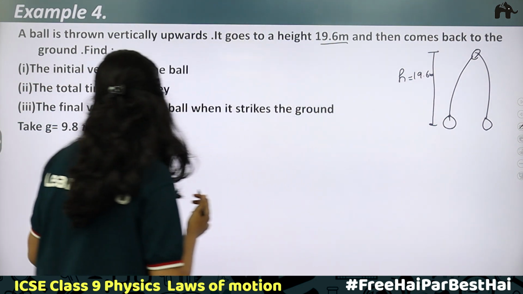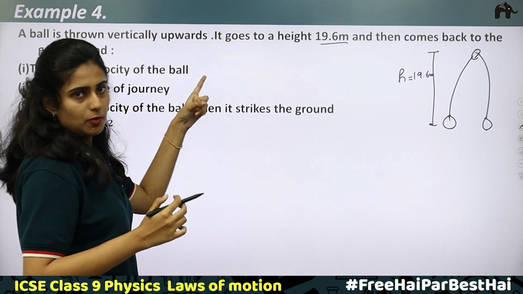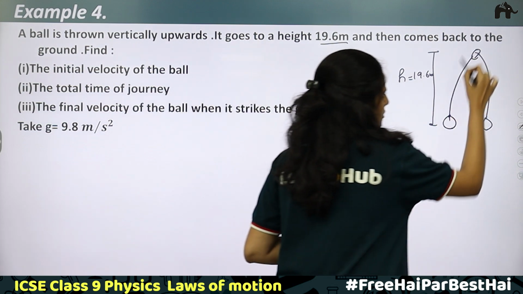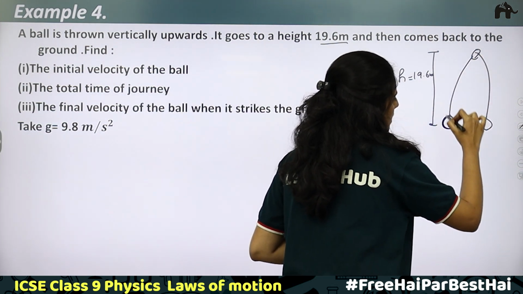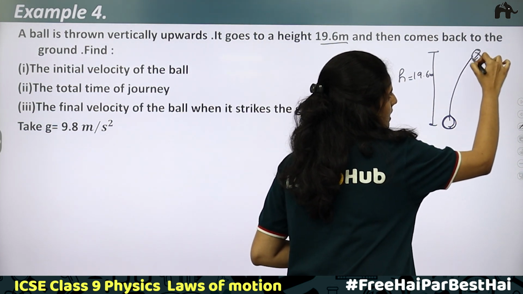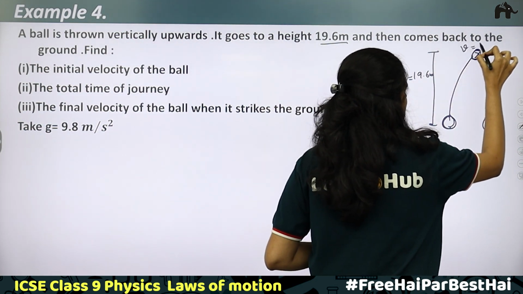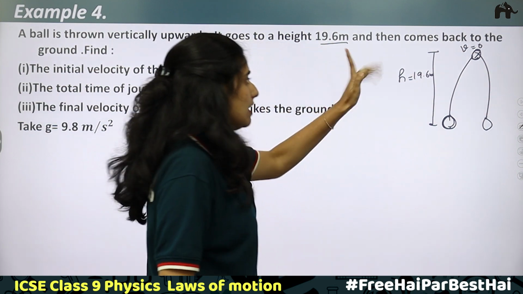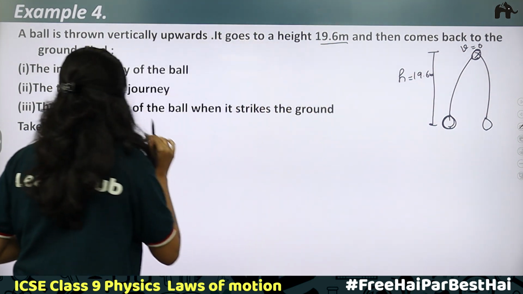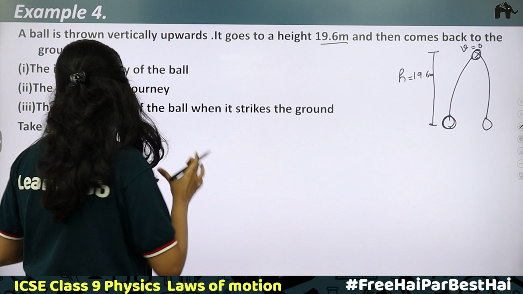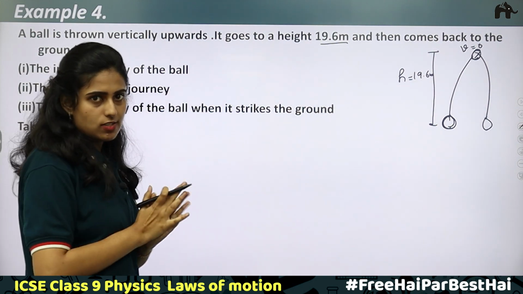First, we have to find the initial velocity of the ball. Take this part of the journey. The ball is thrown upwards and reaches the maximum height. At maximum height, we know velocity will become equal to 0. Final velocity is 0. Using this, we can find the value of initial velocity u.